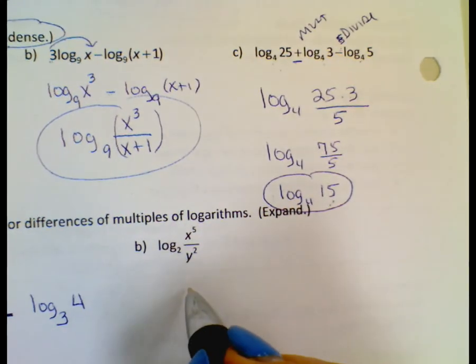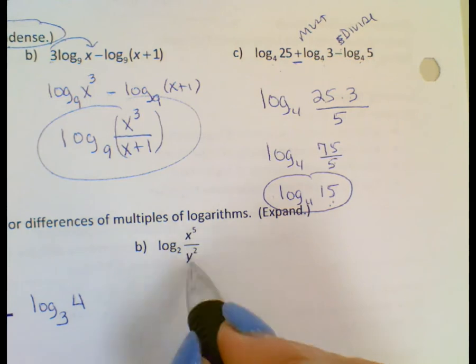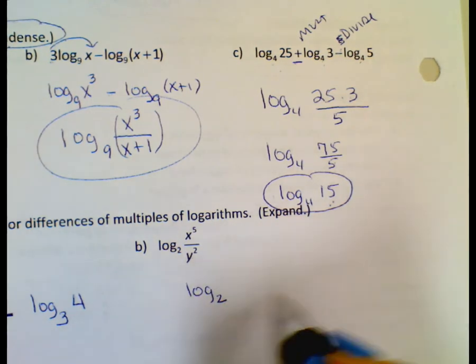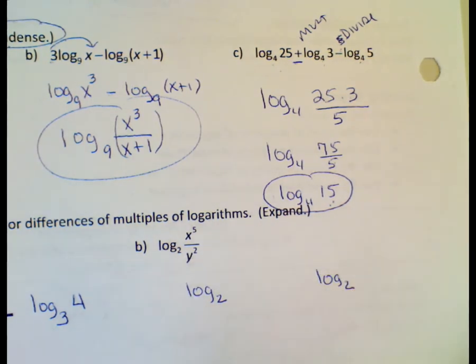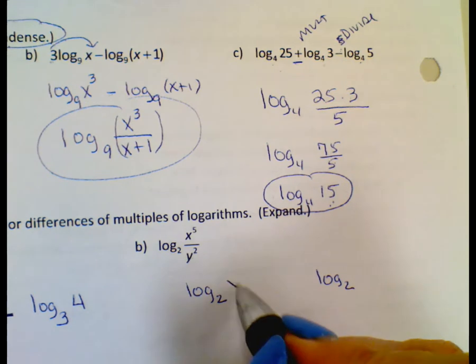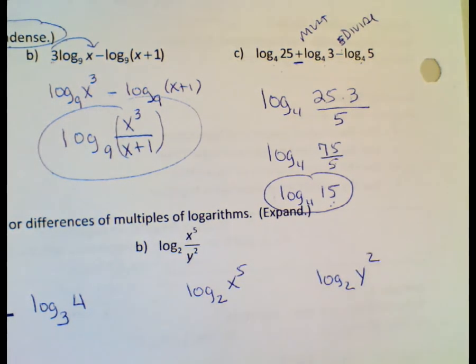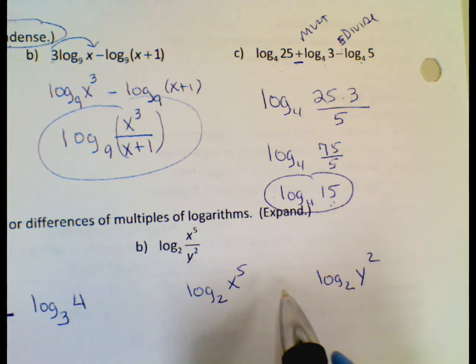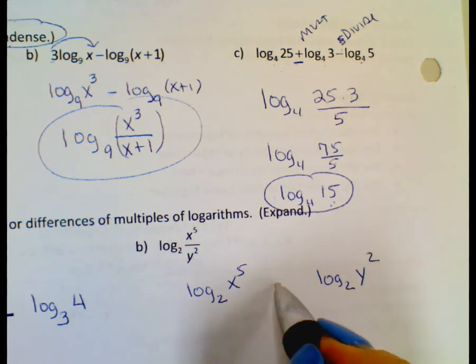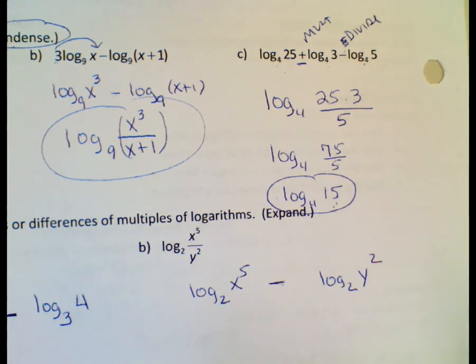Now we're going to do this one. We have 2 factors, so we're going to do 2 logarithms. The x to the 5th goes with the first one, and the y to the 2nd goes with the second one. Because you're dividing, what should you put here, a plus or a minus? Hopefully you said minus. Now this would be an okay answer, but they don't like to leave exponents in log problems like this.